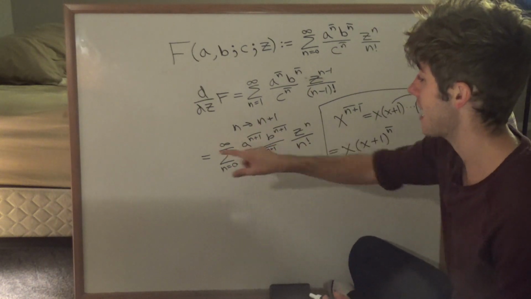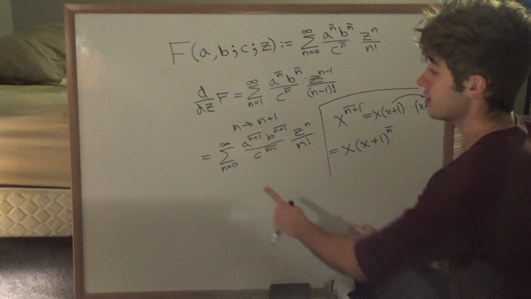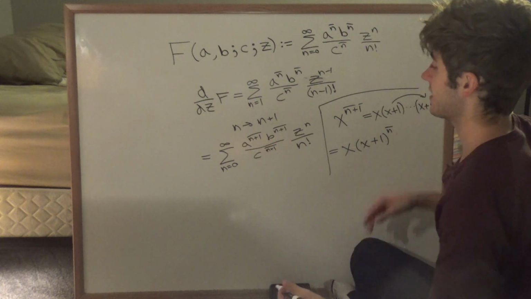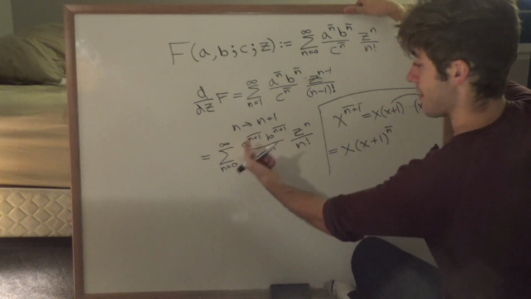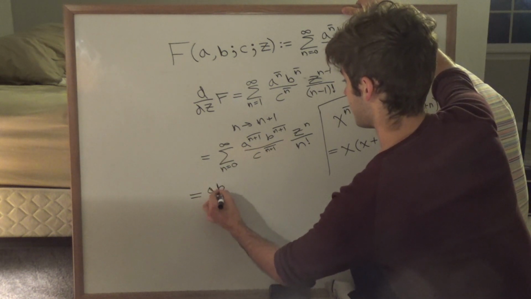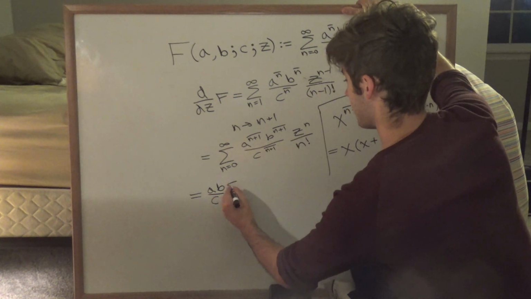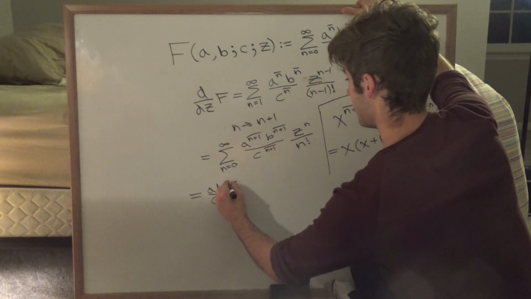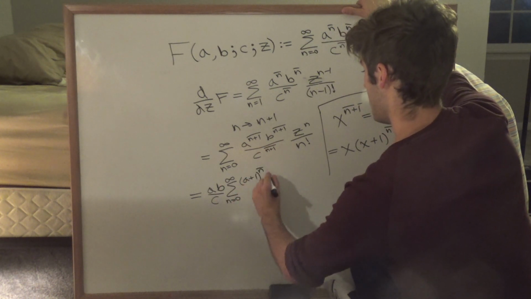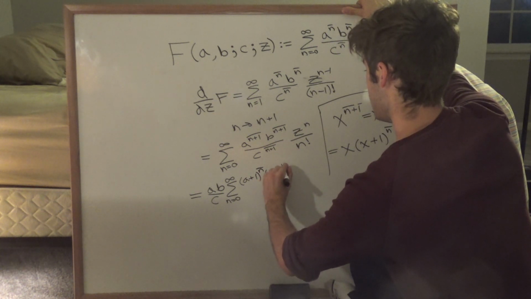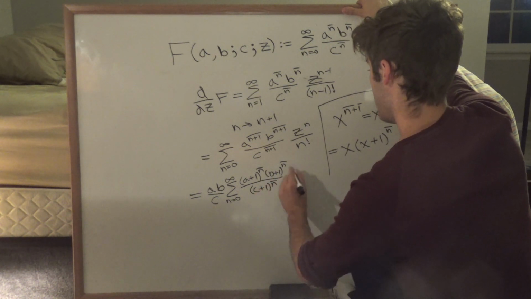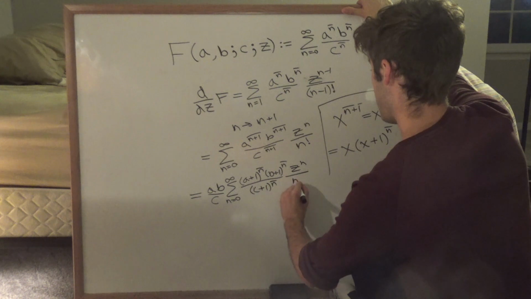So if we factor out a, factor out b, and factor out c, we can write this as the nth rising factorial of a plus 1, as well as b plus 1, and divide by that of c plus 1. Because a, b, and c don't depend on n, we can factor them out of the sum. And we have a times b divided by c times the sum from n equals 0 to infinity of the nth rising factorial of a plus 1 times the nth rising factorial of b plus 1 divided by the nth rising factorial of c plus 1, times z to the n divided by n factorial.